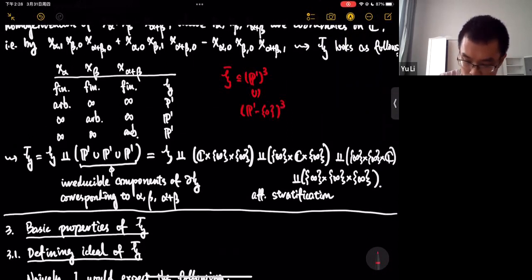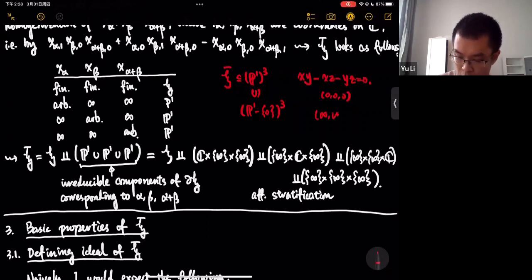If you look at H bar inside this infinite chart, it just becomes this quadratic cone xy minus xz minus yz equals 0. It's not smooth at the point 0, 0, 0, which inside P1 to the 3rd power means the point infinity, infinity, infinity. So this is the only non-smooth point of H bar in this case.